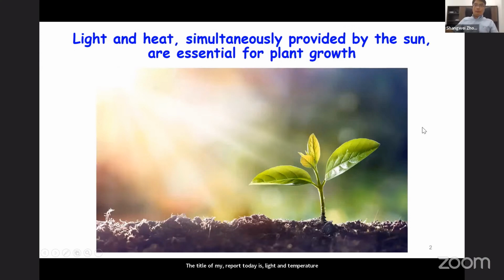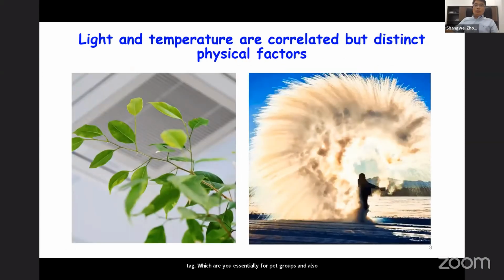The sun provides us light and heat at the same time, which are essential for plant growth and also for human beings. Also, light and temperature are usually correlated, but these signals are distinct physical factors.